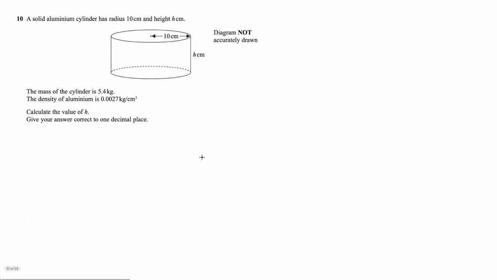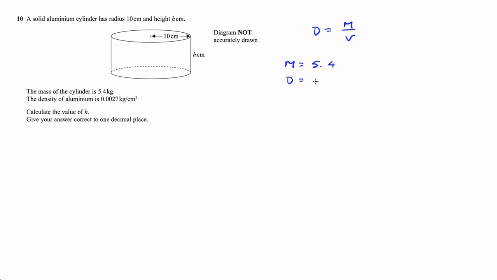Okay, next question. A solid aluminium cylinder has a radius 10 and height h. The mass and the density are given. Calculate the value of h. Again, I'll write D is equal to mass per volume. The mass is 5.4.